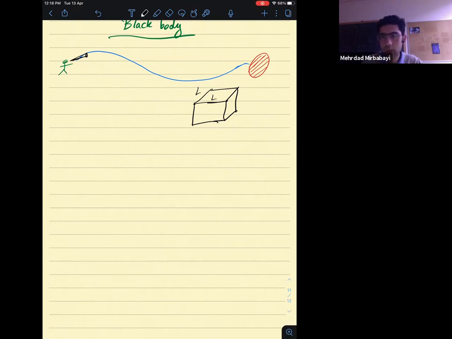If we consider photons or electromagnetic waves in a box, they'll have discrete levels. Say this is a periodic box. Then you have discrete levels because momenta of photons will be quantized.